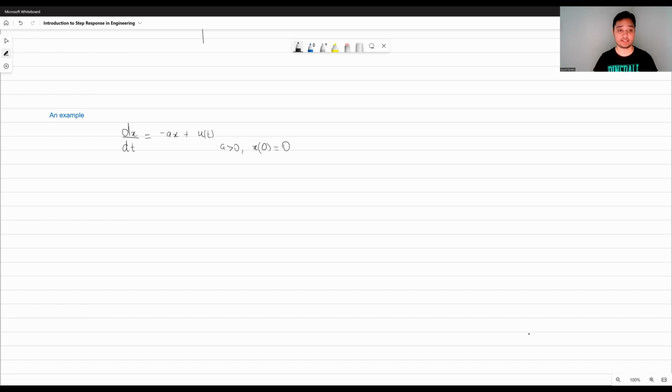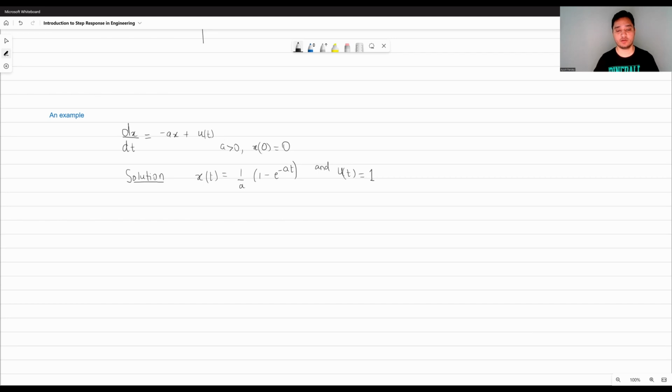Now we can integrate this differential equation to get the solution of the differential equation, which would express x(t) as 1/a times (1 minus e to the power of minus a t) under these assumptions, and u(t) equals 1.